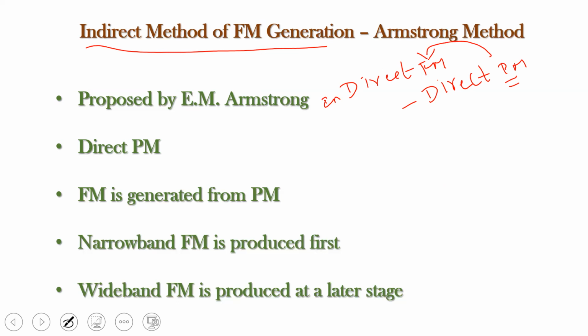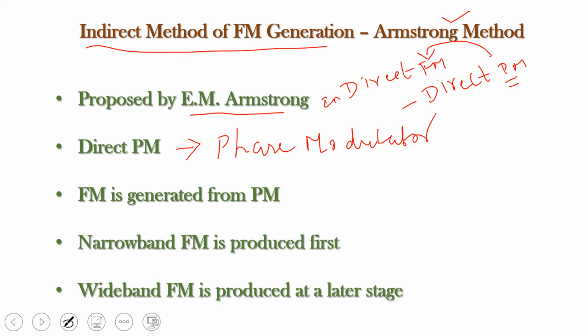And this indirect method of FM generation was proposed by E.M. Armstrong. So we can also name this method as Armstrong method. And in this method, we are going to make use of a phase modulated circuit. That is, directly we are going to change the phase of the signal, which in turn indirectly is going to change the frequency.